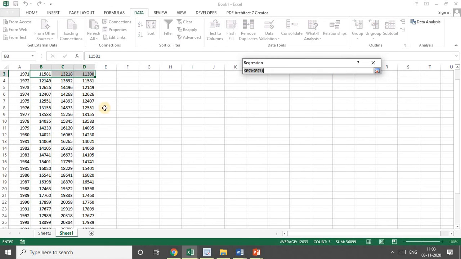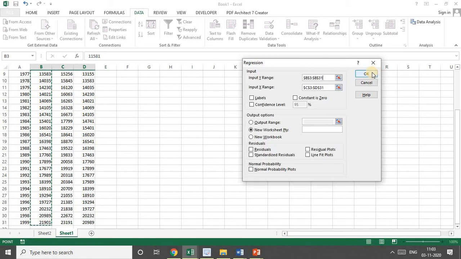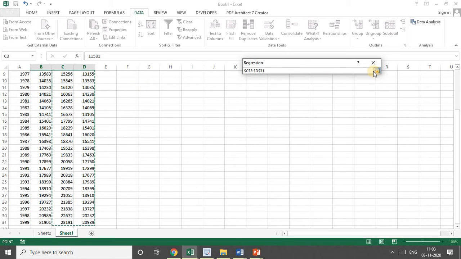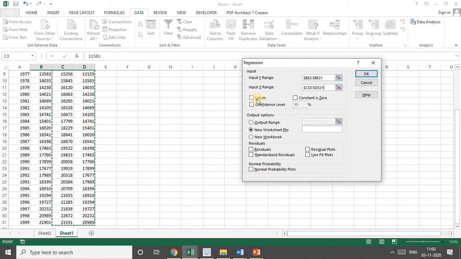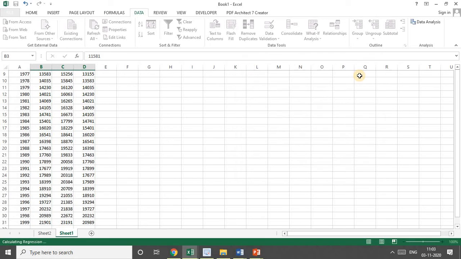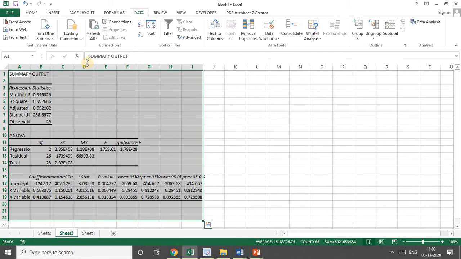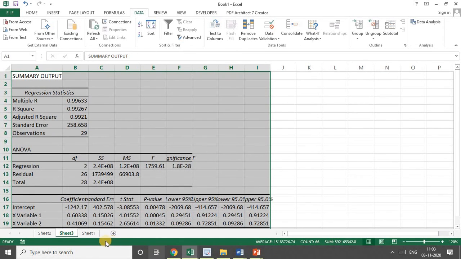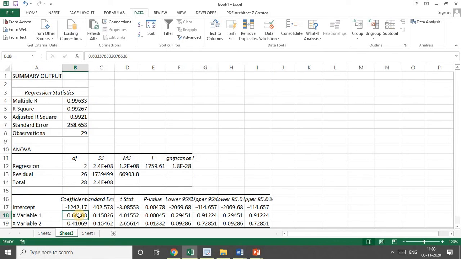You select the dependent variable and the independent variables. No labels are available, so you just click OK. Now look at this equation: we get an intercept, slope 1 and slope 2.